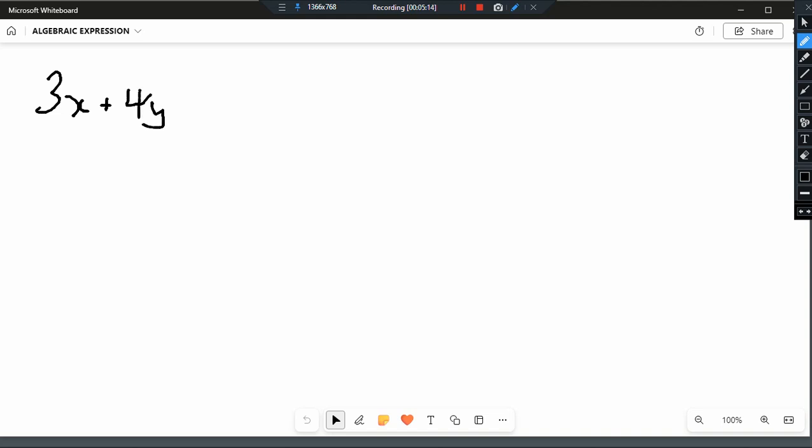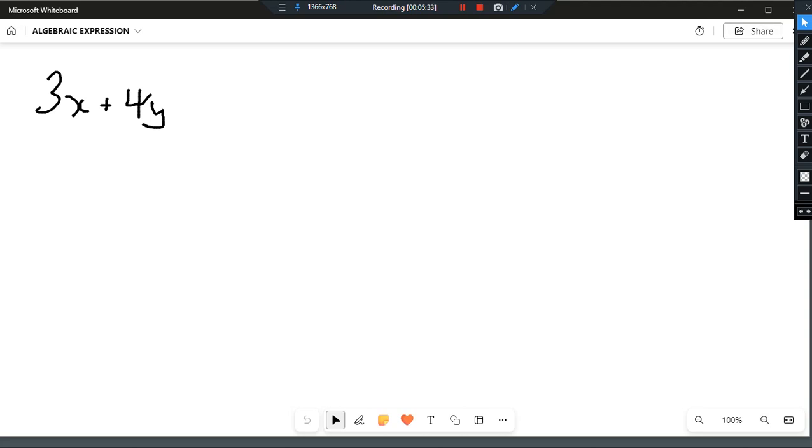So we are saying that a term is any mathematical symbol, letter, or number, or a combination of a letter and number, a letter and symbol, or whatever, which are separated by an addition sign or a subtraction sign.